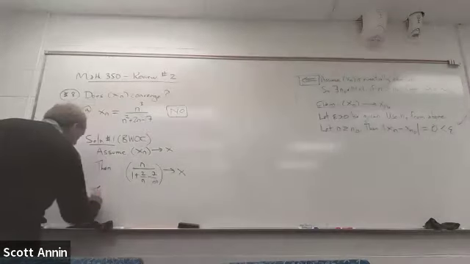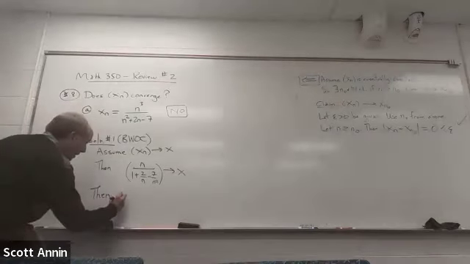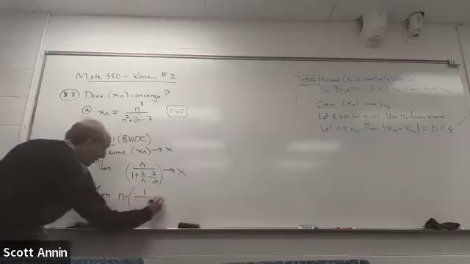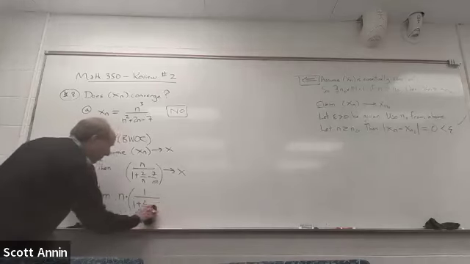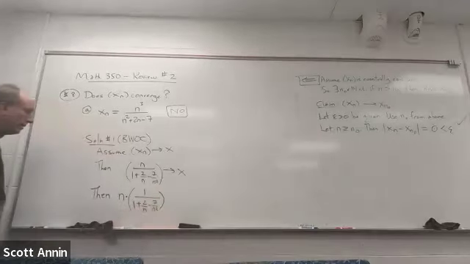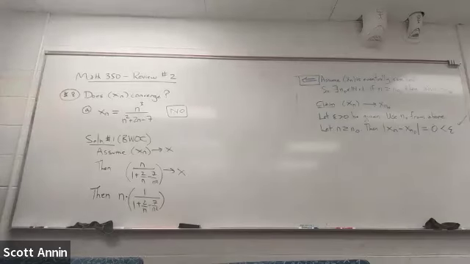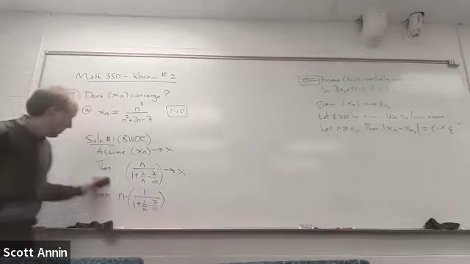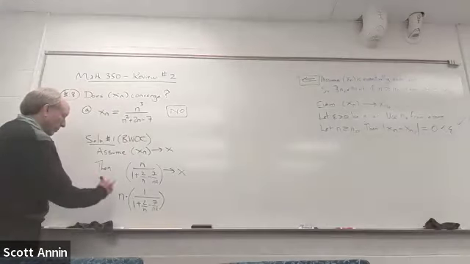But then what you have is n times 1 over 1 plus 2 over n minus 7 over n squared. Actually, sorry, give me a little bit more room here.